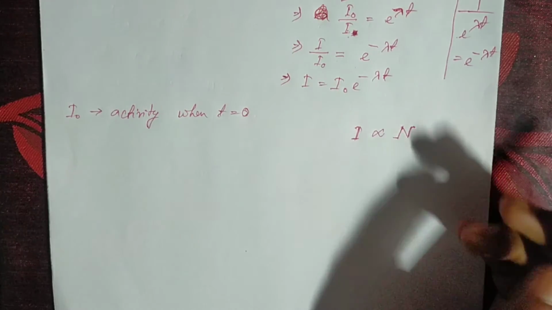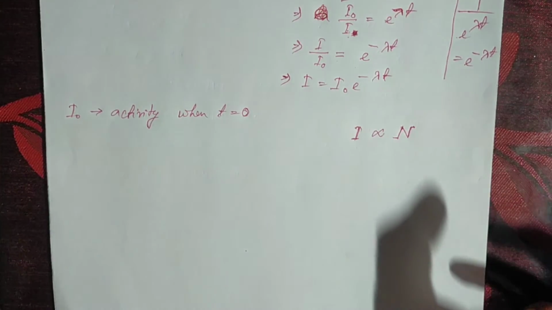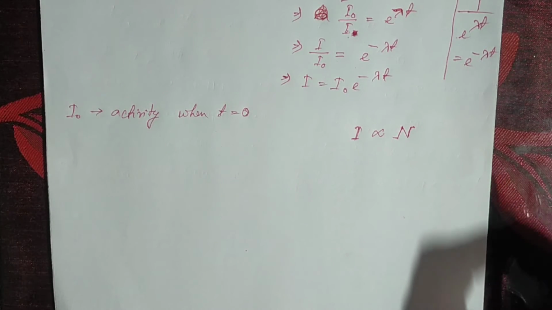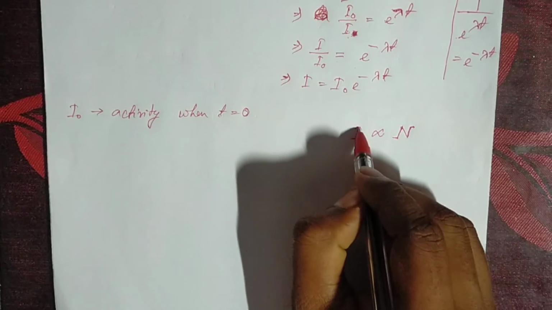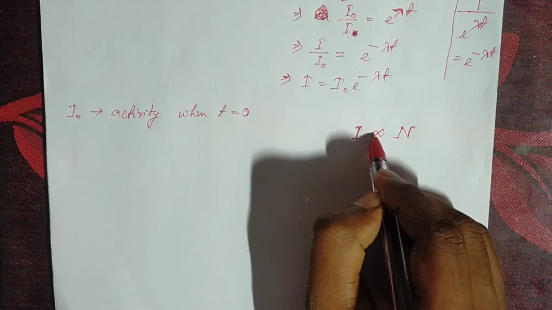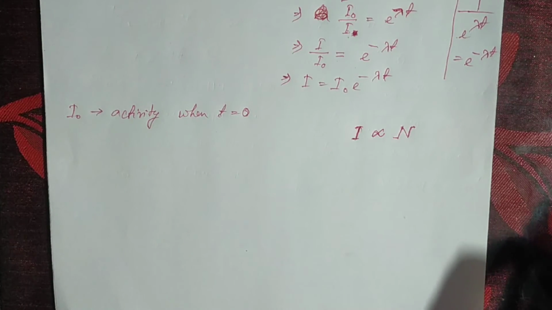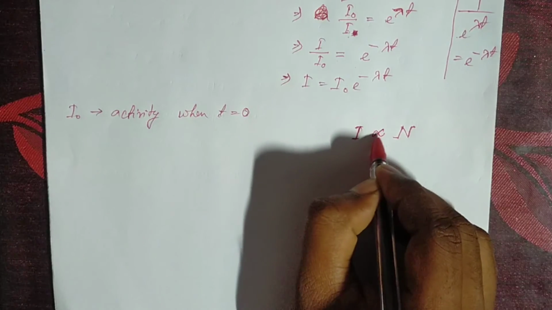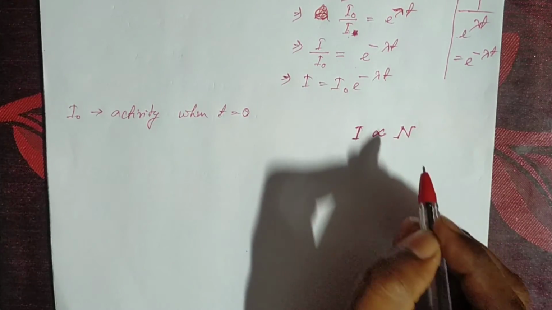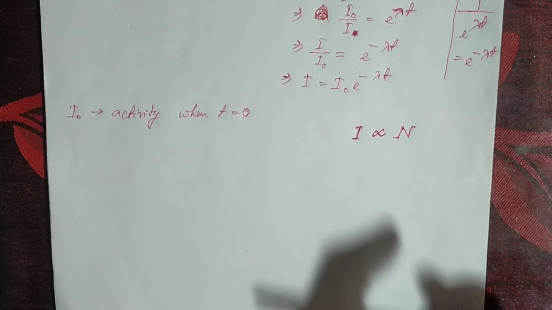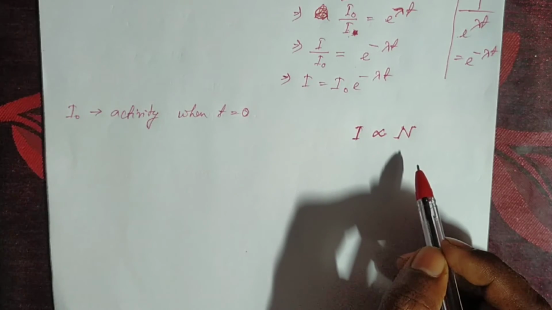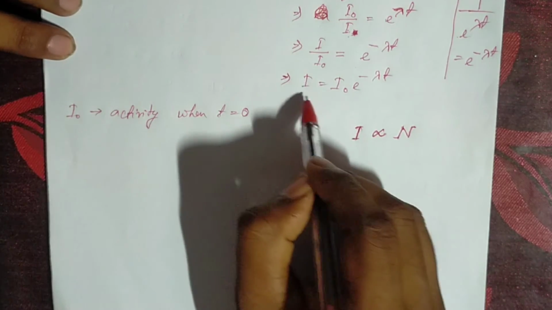As much as the number of atoms present in that radioactive substance, in that proportion, the activity of the radioactive substance will be there. That means activity depends upon the number of atoms present in the radioactive substance. So we can write I is proportional to n.